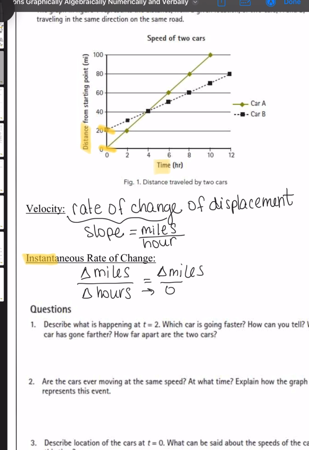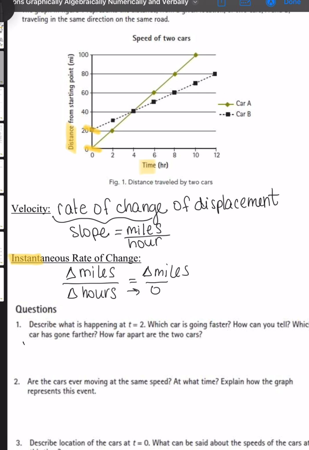Well, I see that car A is now basically 20 miles from the starting point, and it started at 0 miles from the starting point, so it's traveled 20 miles. And I also see that car B is at 30 miles from the starting point, and it's traveled 10 miles because it started at 20 miles from the starting point.